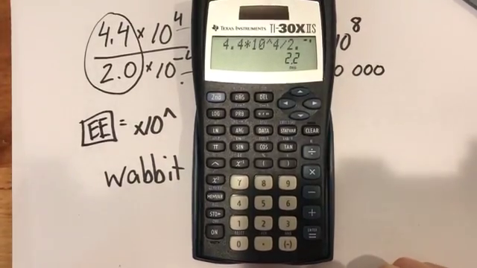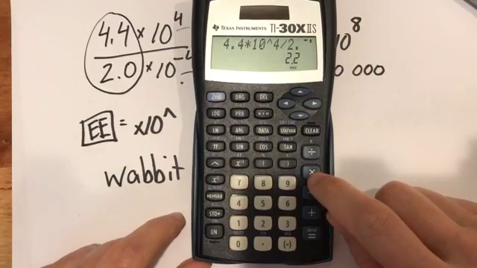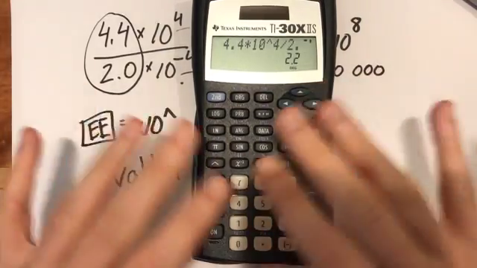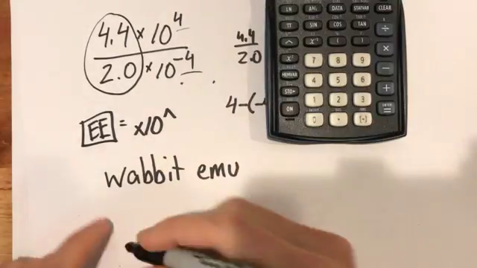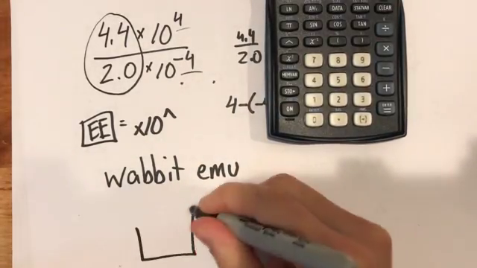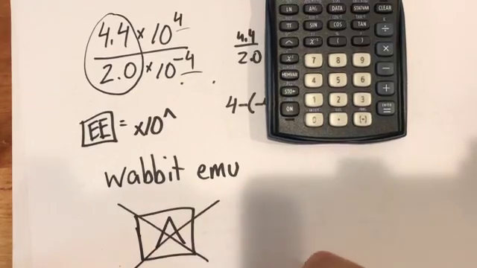That is not the same number. And it's not the same number because by entering these times in here, it messes up the order of operations. So don't ever use the caret. So that caret button that you see, that is a big no. Don't use it.